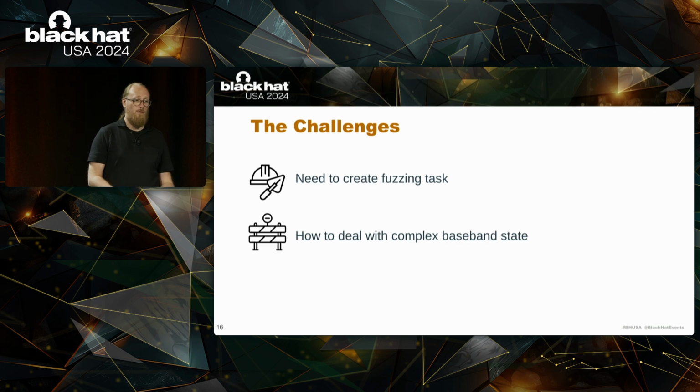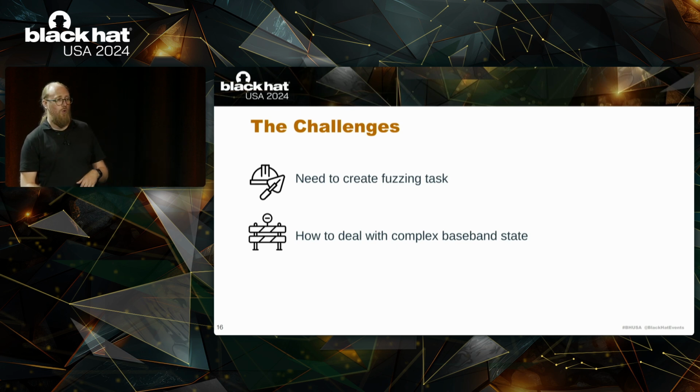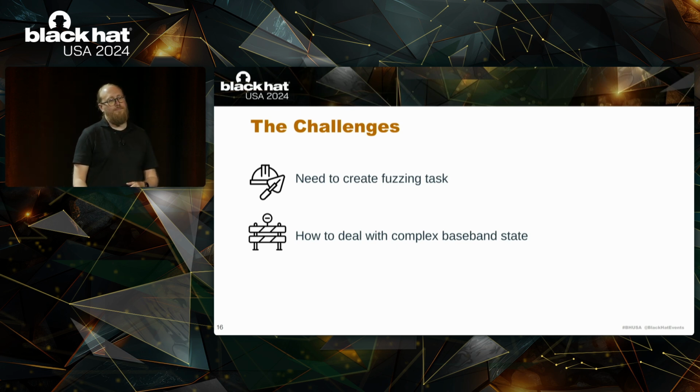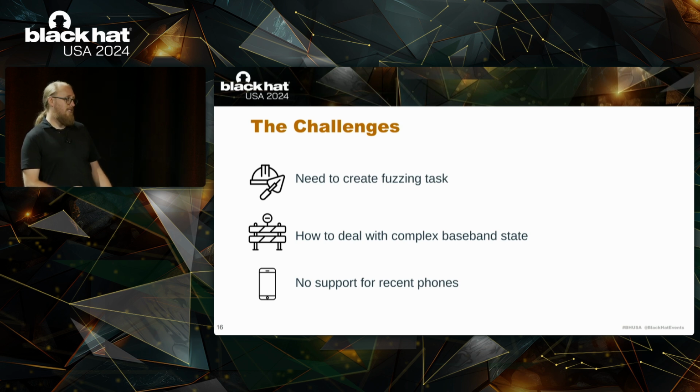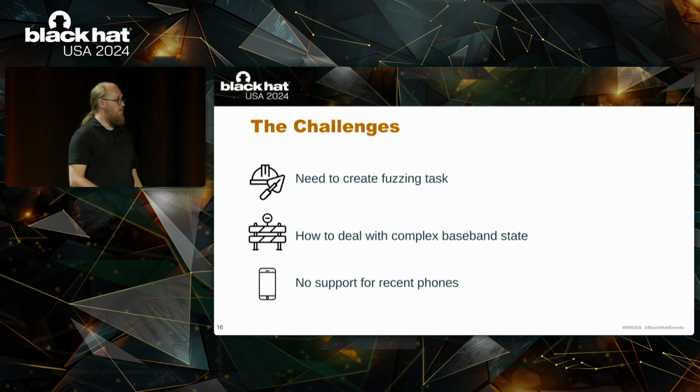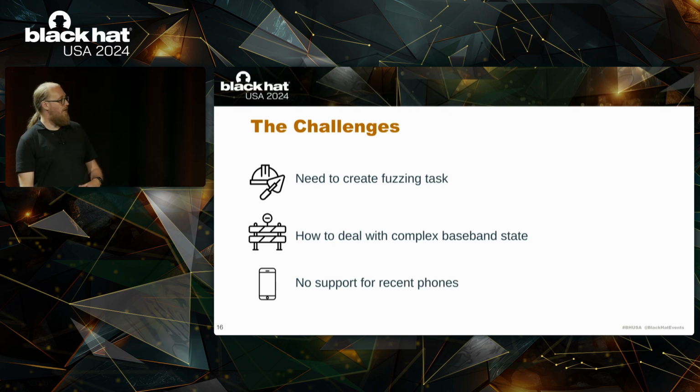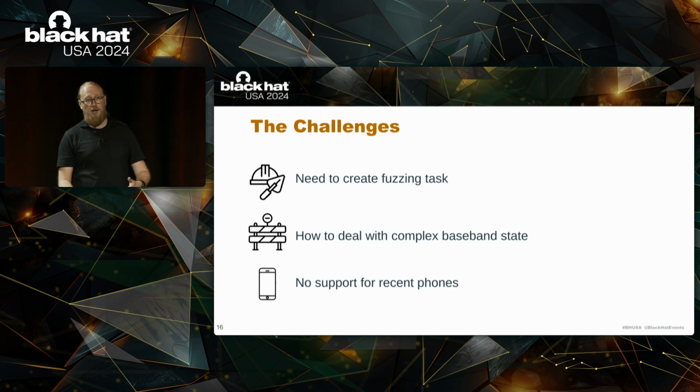Basebands are highly stateful, and we needed to get the state right, which is equivalent to overcoming fuzzing roadblocks. And lastly, we saw that the firmware images we targeted were from somewhat outdated phones, maybe not the most recent firmwares. So we needed to look into how we can make sure that our findings, if there were any, would apply to modern phones as well.